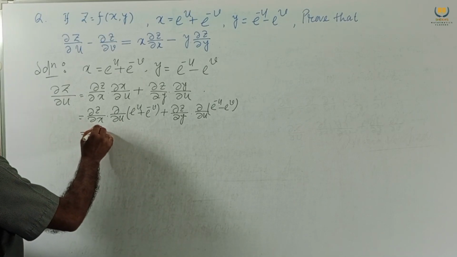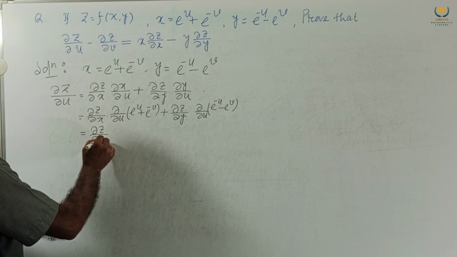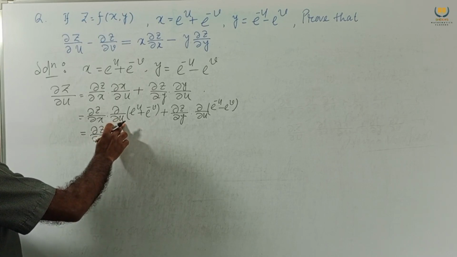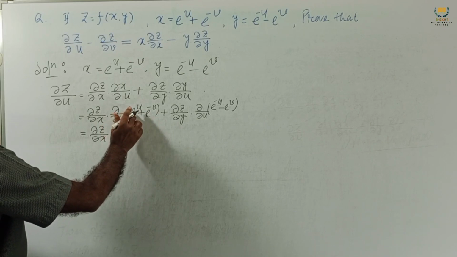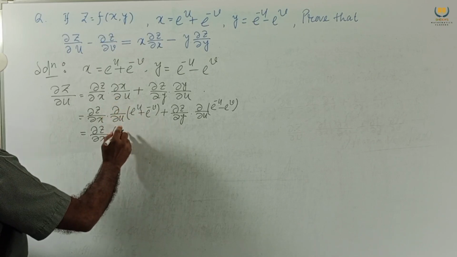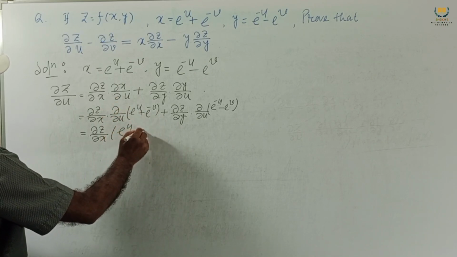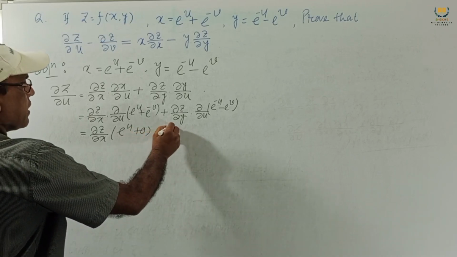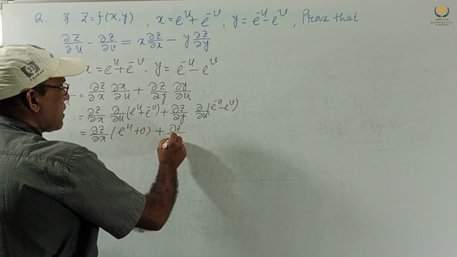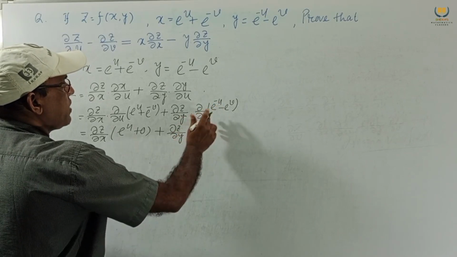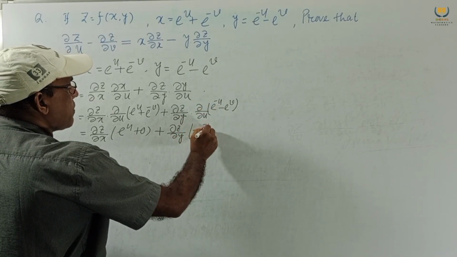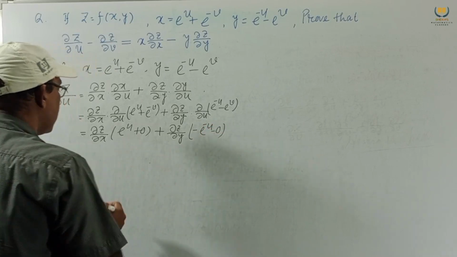So this is del z del x. We differentiate partially with respect to u, then this is variable, this one constant. Del u e to the power u means e to the power u, and this is 0. Del z del y, we differentiate with respect to u means this is minus e to the power minus u, and this one 0.